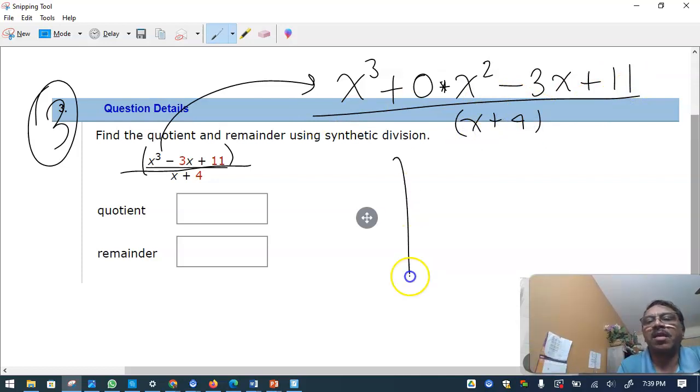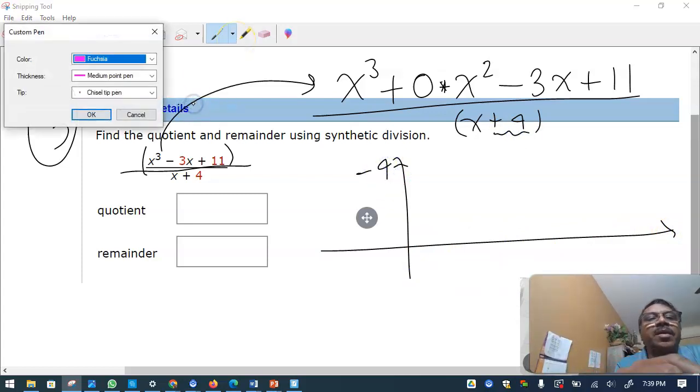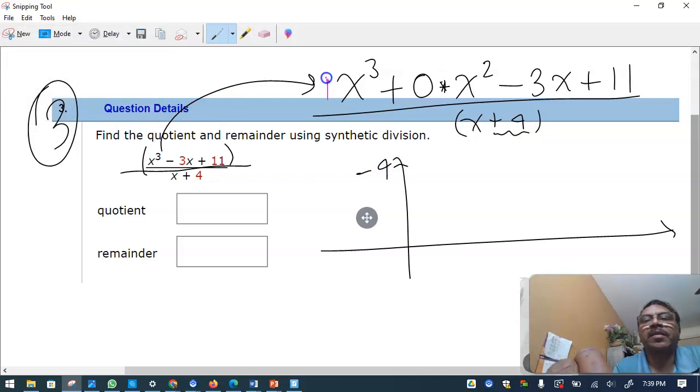So you're going to use the same synthetic division. The opposite of plus 4 is -4, and the coefficient of the leading term is 1. Then the quadratic term's coefficient is 0. And the linear term is -3. And the constant is plus 11. So this is how you write it.